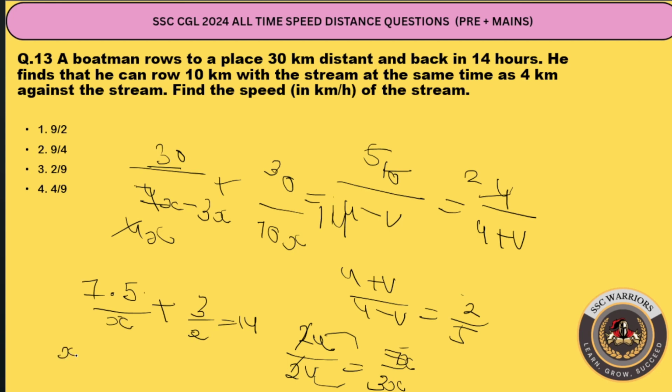So x will be what? 10.5 by 14. Now dividing 10.5 by 14, so what will be?